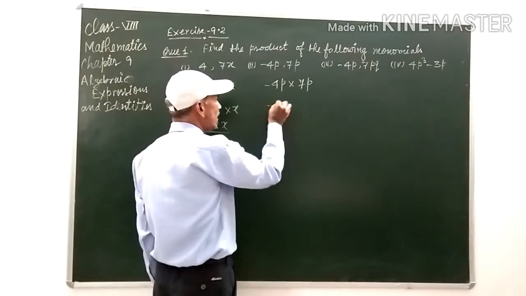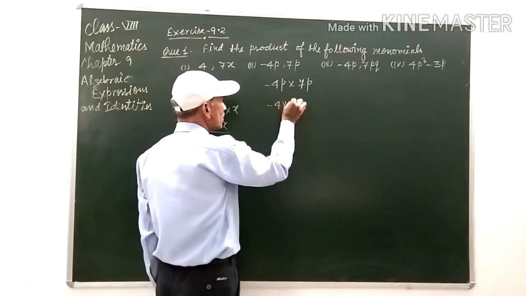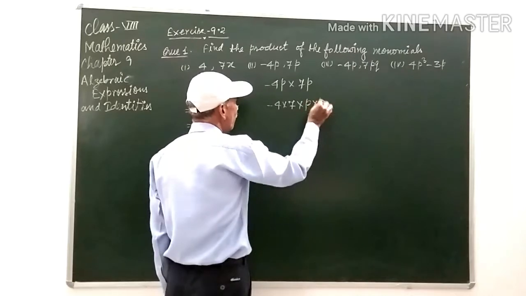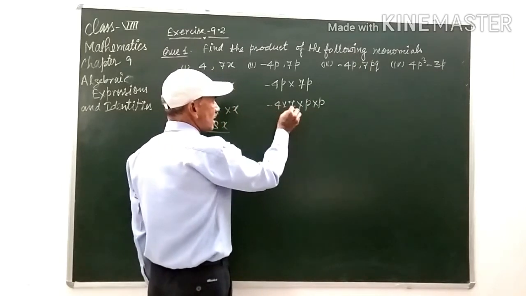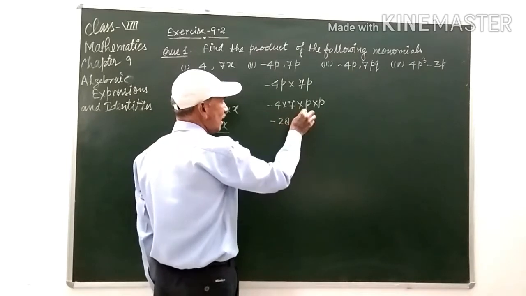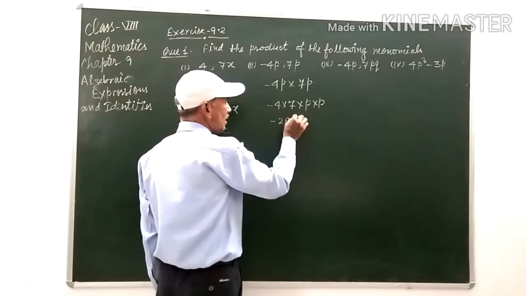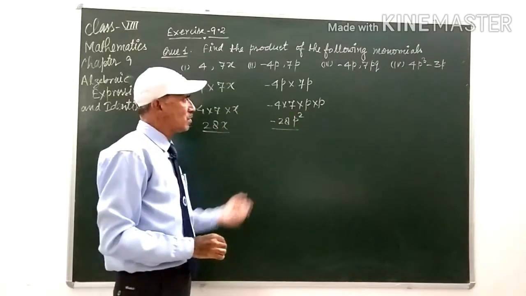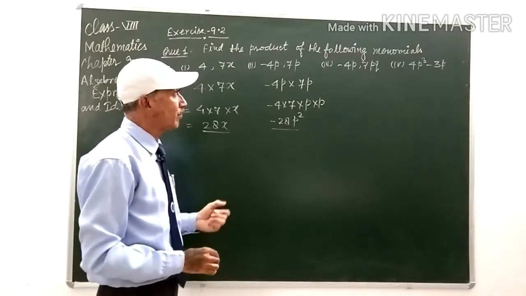So minus 4 into 7 into p into p. 4 sevens are 28, therefore minus 28, and p into p, that is p to the power 2. Answer is minus 28p square.